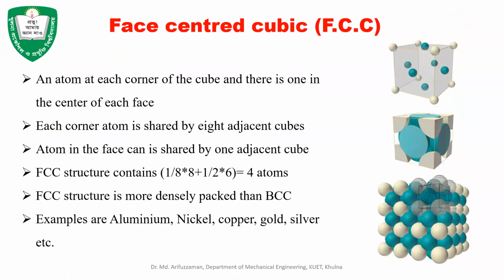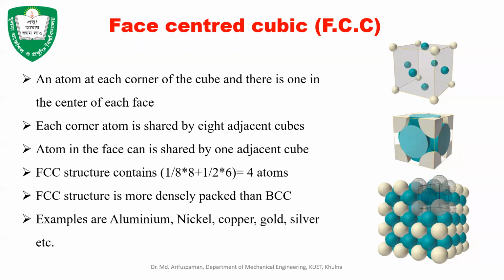And for the face-centered cubic structure, the corners will have 1 atom in total, and each face will contain half an atom. Since there are 6 faces, the total number of atoms will be 4 atoms in the face-centered cubic structure.